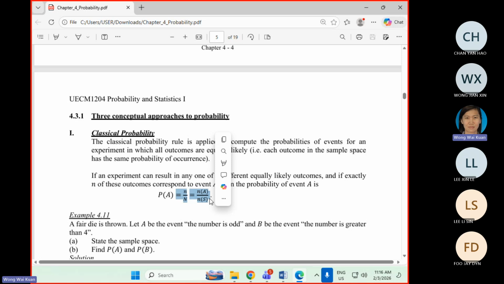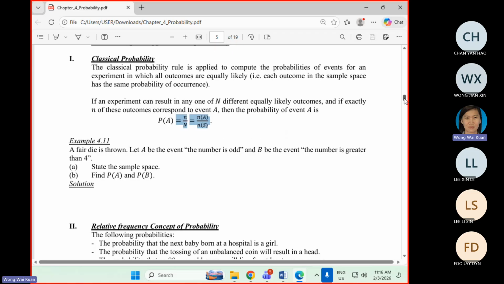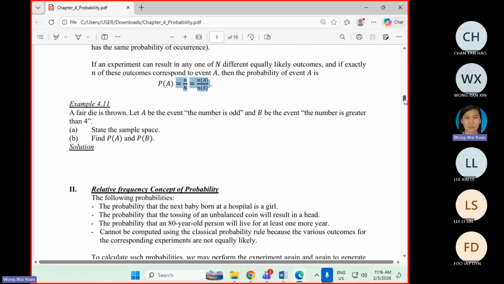Now, example 4.11 is a very typical example. A fair die is drawn. Fair, very important. What does it mean by fair? What happens to the probability? No bias. Same. So they are equal, they are equally likely.